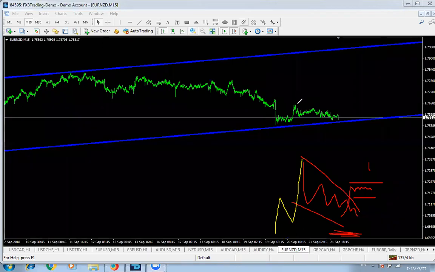From this area, as we see a corrective flag, from this area to this area, the price is about 1.7850. This is how we build our trades.